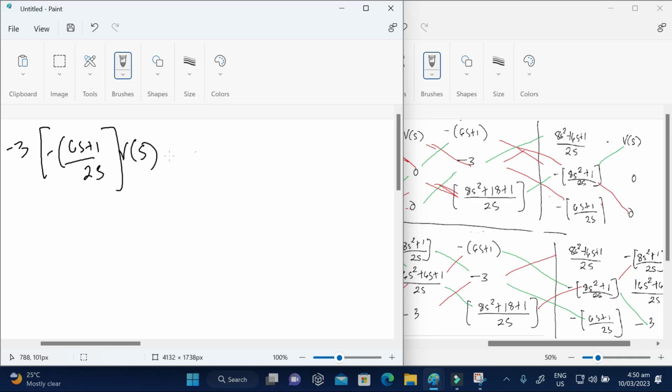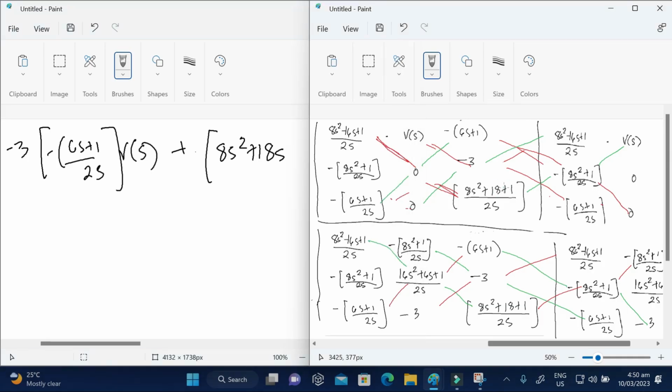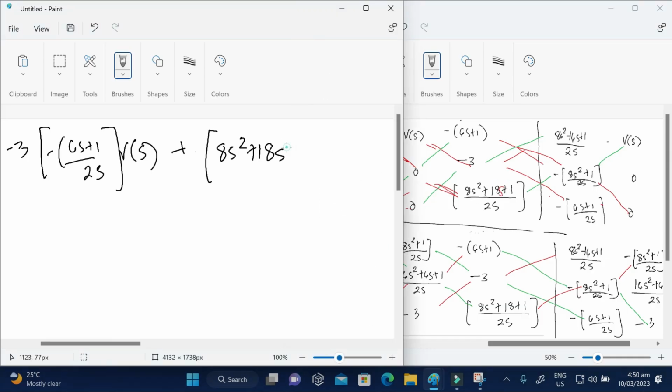So, magiging plus. Okay. So, multiply by 8S squared plus 18S plus 1 over 2S multiplied by 8S squared plus 1 over 2S. Okay.